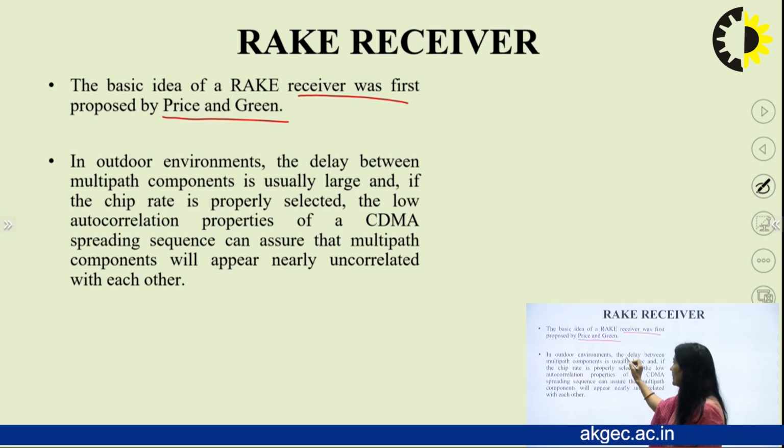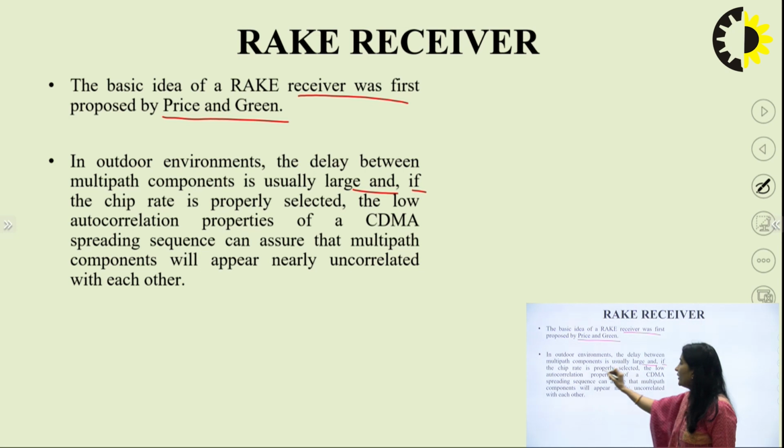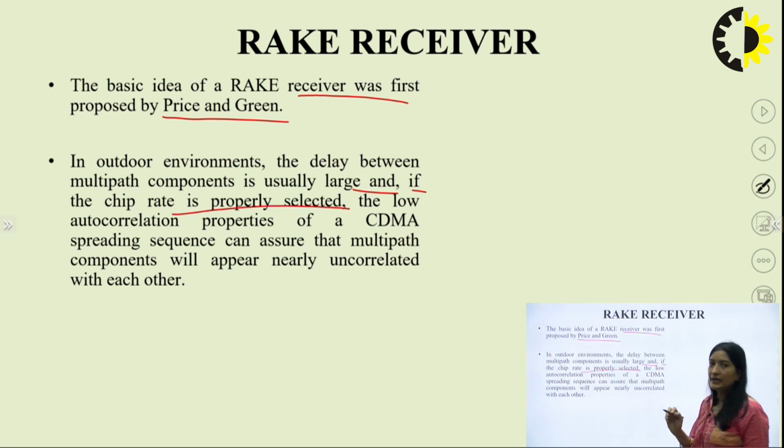In outdoor environments, the delay between multipath components is usually large, and the chip rate needs to be properly selected. The only concern is to select the chip rate, because we have multiple correlators. So how the bandwidth of the correlator is decided is the important point.